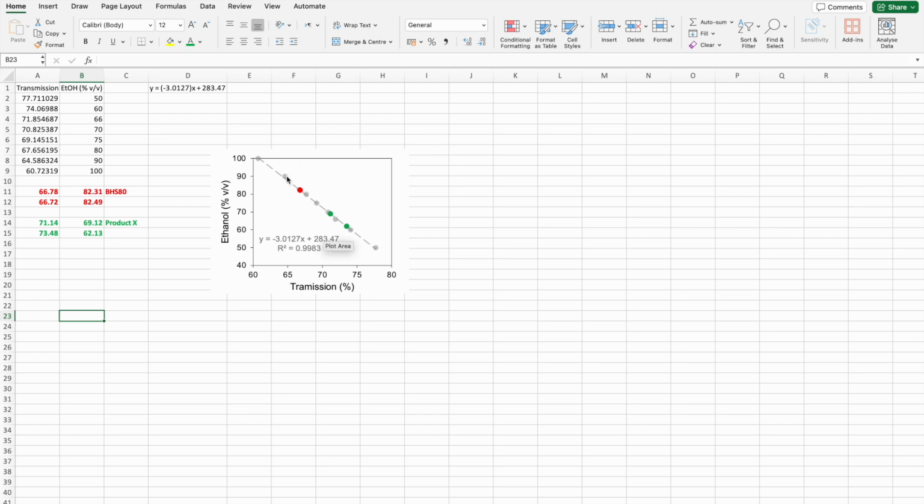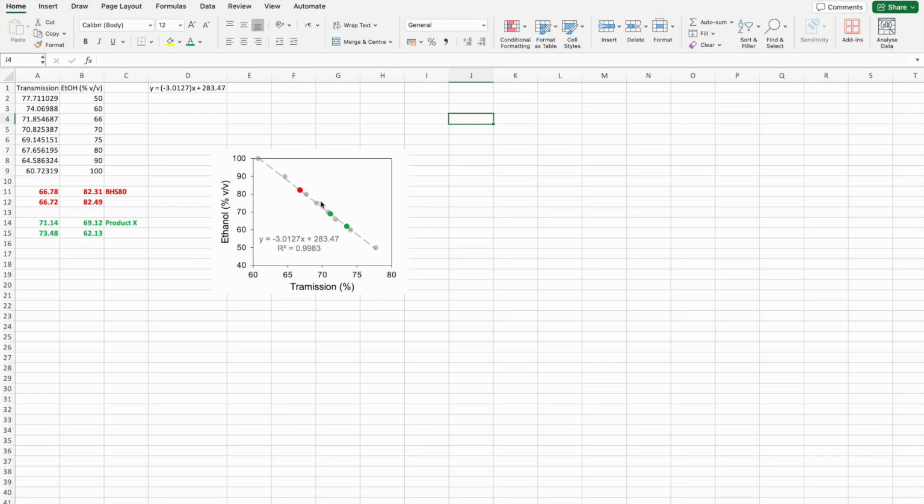So you can see in the light grey dots on this chart the calibration standards. They've been plotted for you, and of course I generated a function and an R-squared value as before, as I've shown you for the HPLC and the UV-Vis examples.